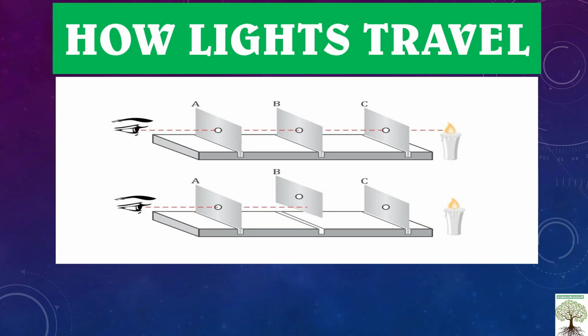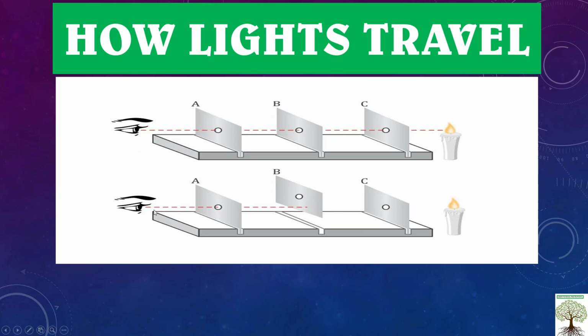So the first property of light: how light travels. Here one demonstration is given in the above picture. As you can see, the holes are located in a straight line. The three holes lie in a straight line, so we can see the flame of this candle, right? But when the cardboard is shifted, can you see the flame of this candle?